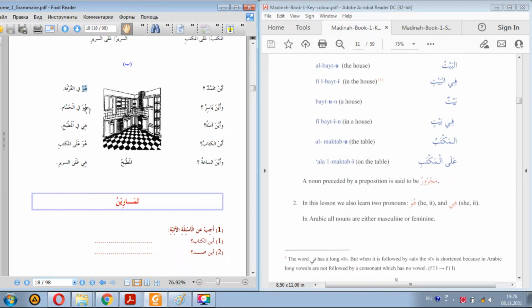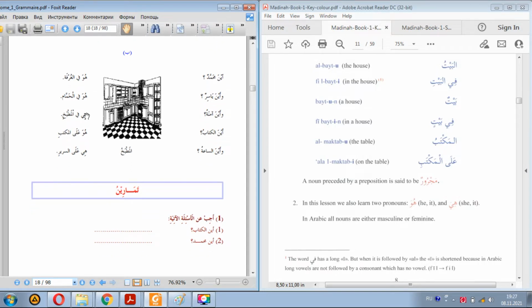And if you have a biological man that claims to be a woman, do we refer to him as huwa or hiya? Well, of course we will refer to him as huwa, because Allah created him a man, and even though he claims to be a woman, judging from his biological appearance and from what Allah created him, we will refer to him as huwa.